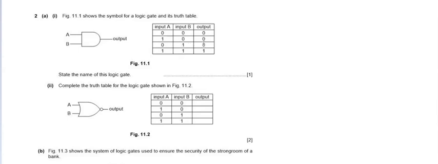In the AND gate we get the output 0 if one of the inputs is 0, and we get the output 1 only if all the inputs are 1. So this gate is the AND gate. I will write it down here: AND gate.